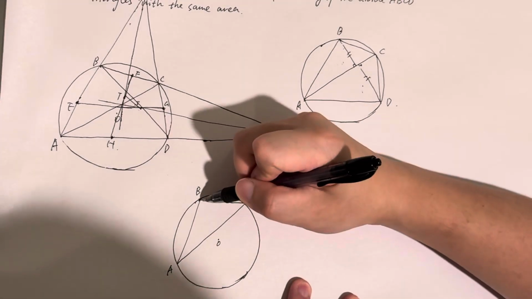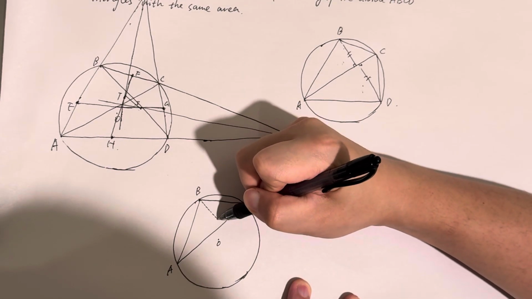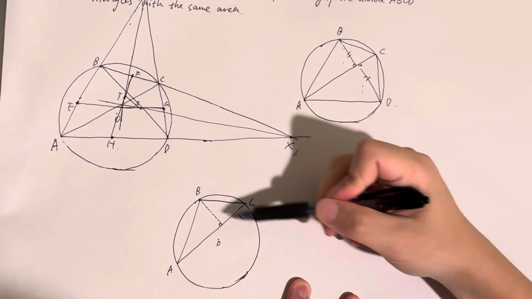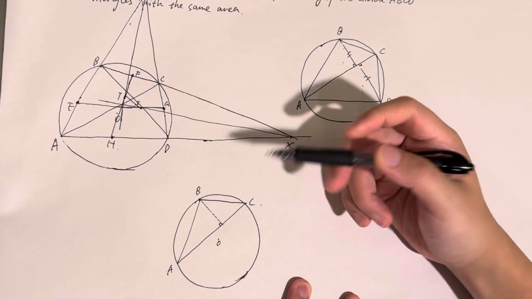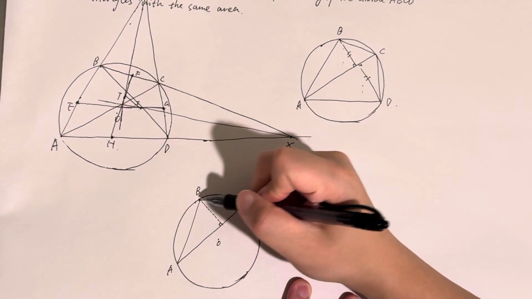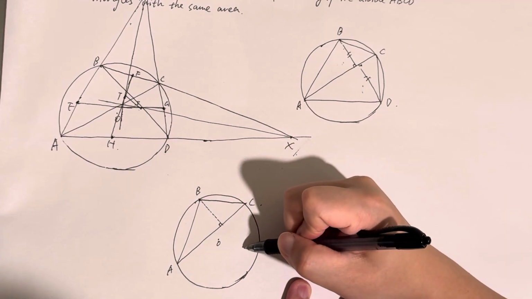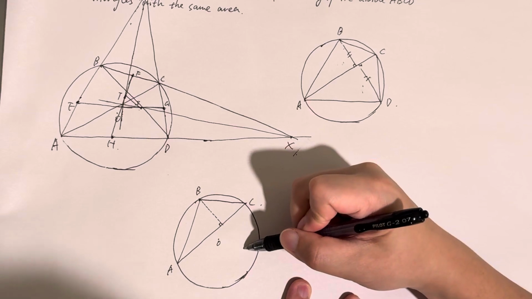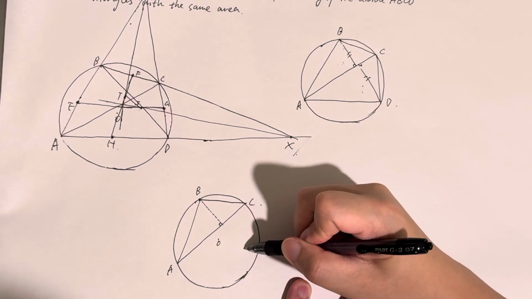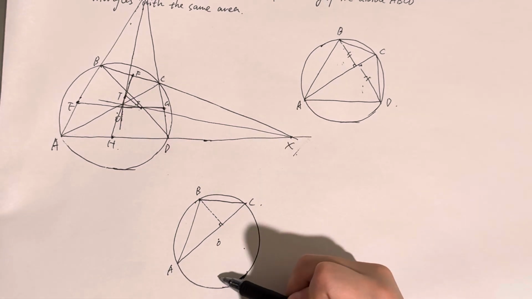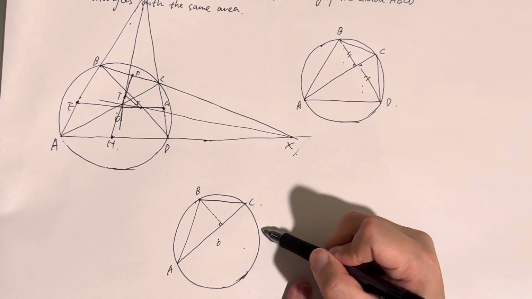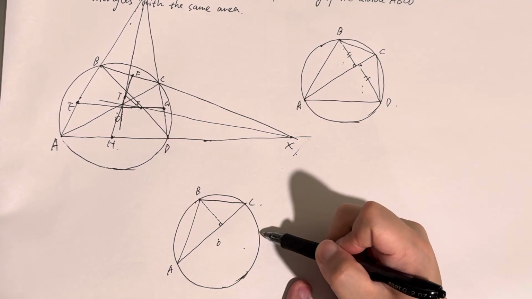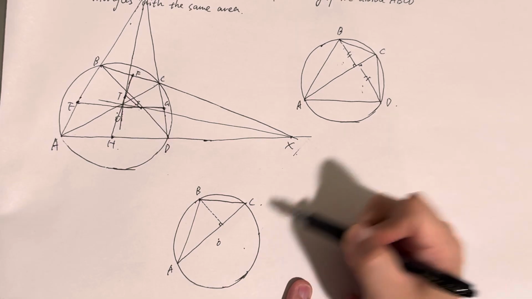So what we can do is first find the altitude here, and then find the symmetrical point. Based on the symmetrical point, we draw a line parallel with AC, and this parallel line would meet the circle O at another point.